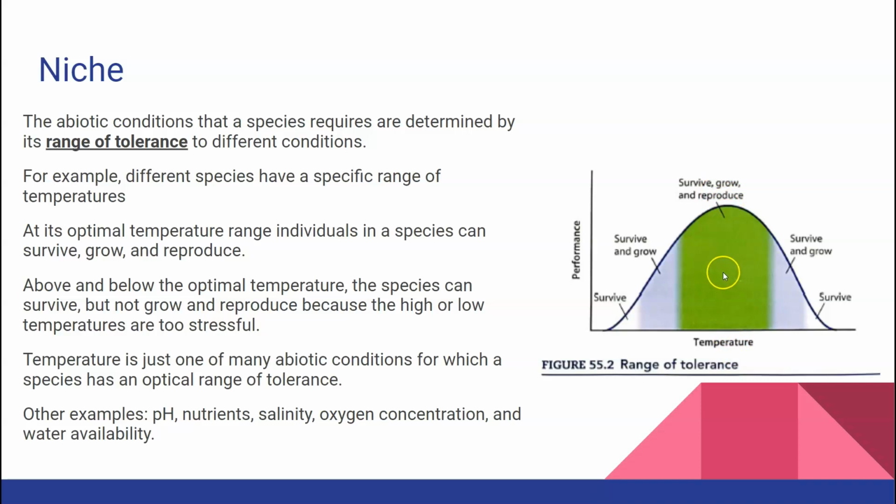There are areas where it can survive, where it's maybe not the ideal niche, and it's able to survive and grow, but maybe not reproduce the way it would like to optimally. And on the outside of the niche, they can just survive and maybe not grow and reproduce. Those areas wouldn't be so great for the species, and they would like to live at those optimum levels. Here we've got performance and temperature.